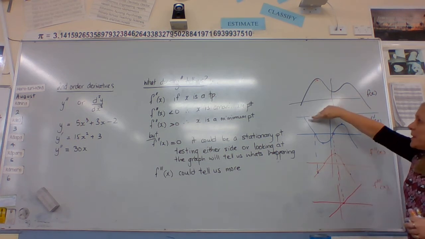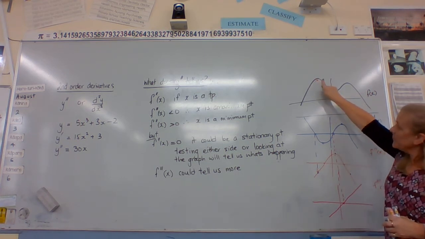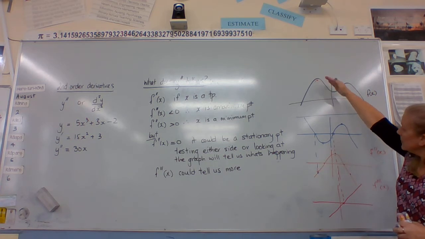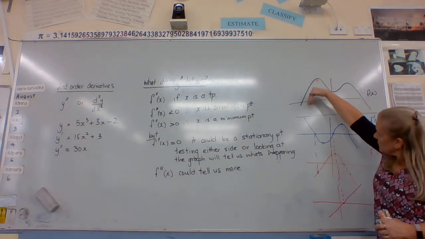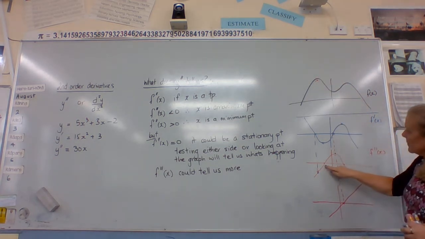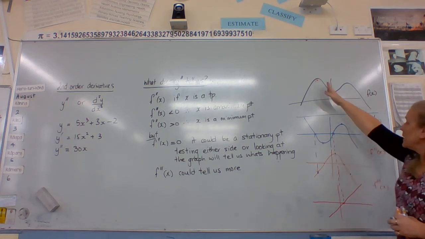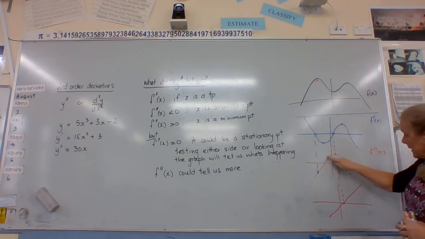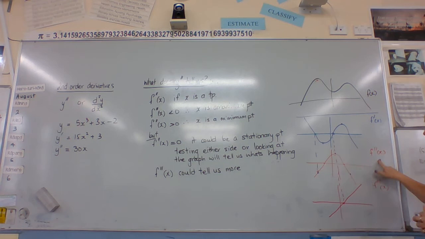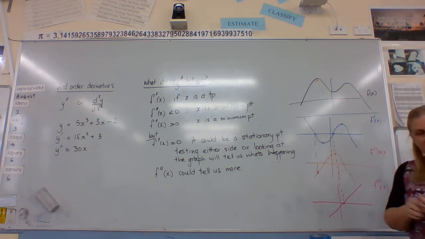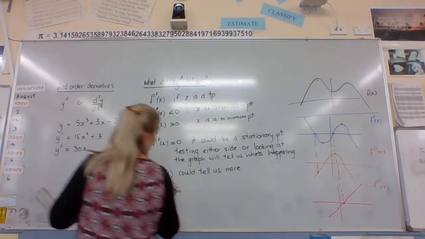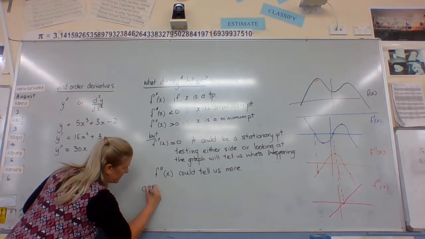So up here we've got concavity down, still down, so that's all this bit here, up, here, down. So this is telling us more about the graph. This is this part here. So concavity is being told by the f double dash as well.